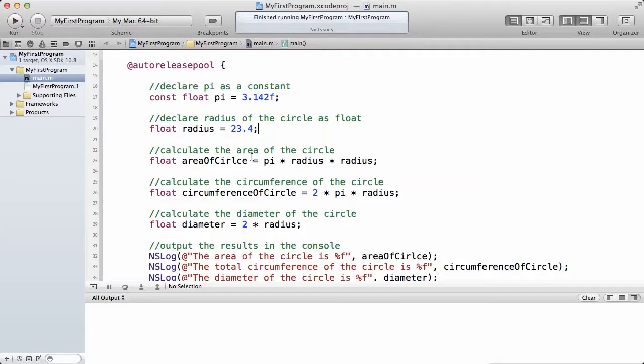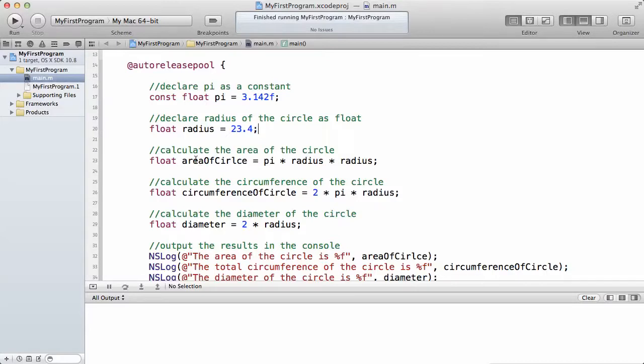Then we want to calculate the area of the circle, since we have the two important pieces of information we need, the radius of a circle and the pi. To calculate the area, we know that if we multiply two floats together, we also get a float. This is why I declare the area of a circle as a float as well, because we're multiplying numbers with decimal points and we don't want to lose them.